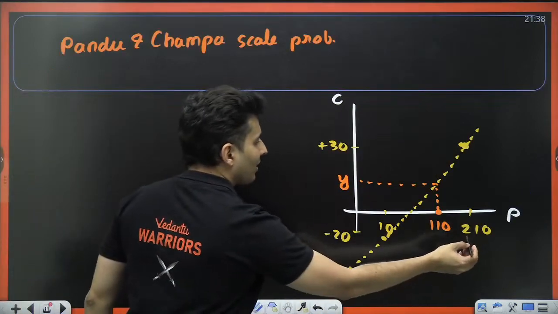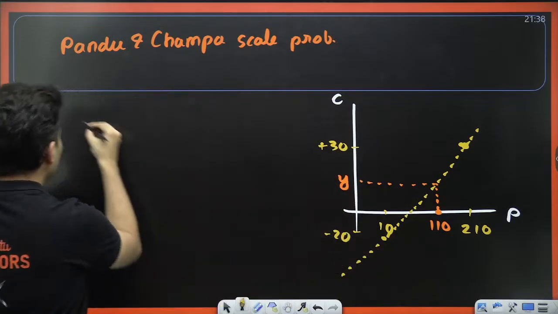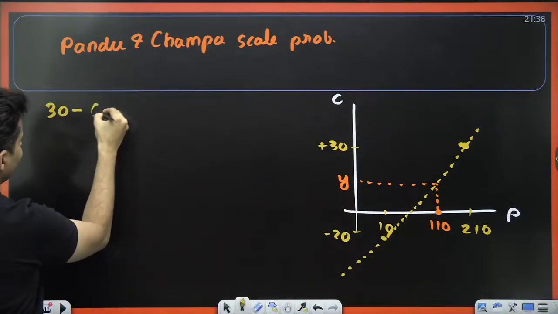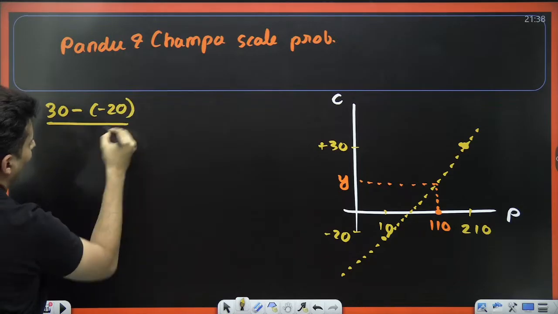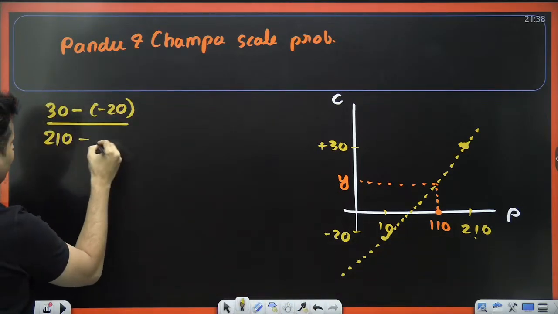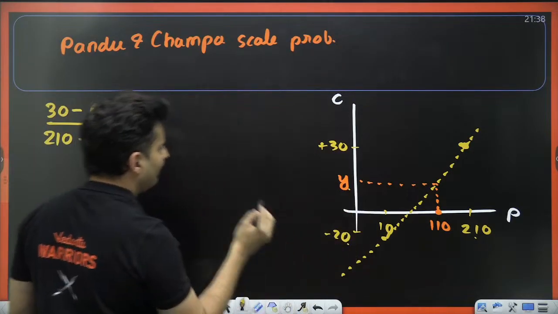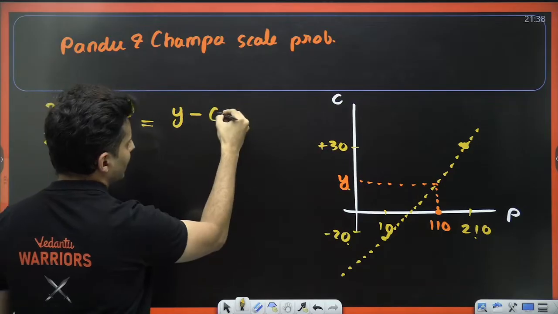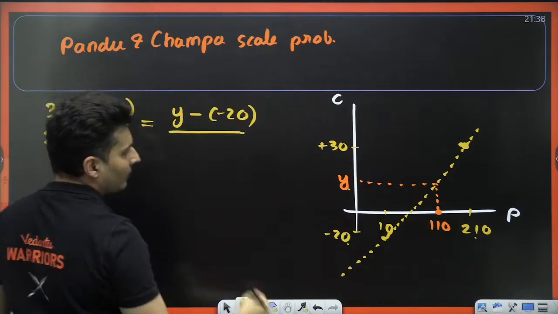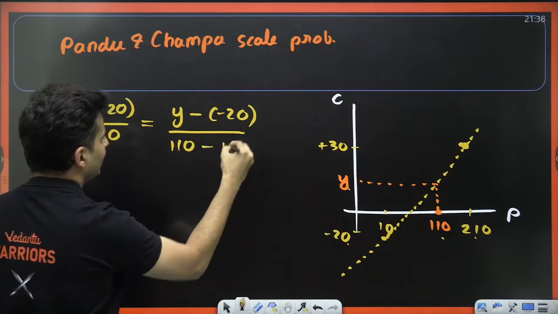Over here, if you notice, this is y2, this is y1. So it will be nothing but 30 minus minus 20 upon x2 minus x1, 210 minus 10, which is equal to y minus y1, that means y minus minus 20 upon x minus x1, 110 minus 10.